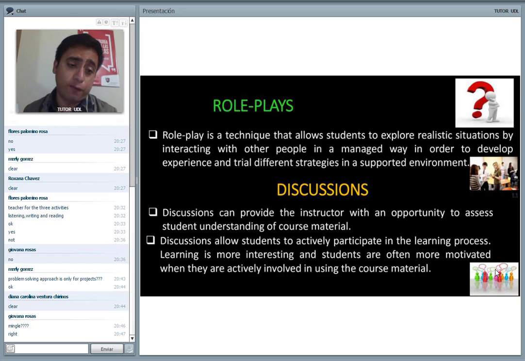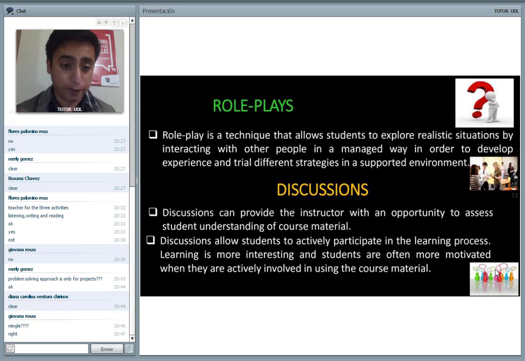But discussions are different. Discussion means you bring a topic and the students start talking about that. They start giving their own ideas, their own opinions. They start listening and talking with their partners. That's different because here they don't have to take any role. They just feel free to discuss and say something about the topic.